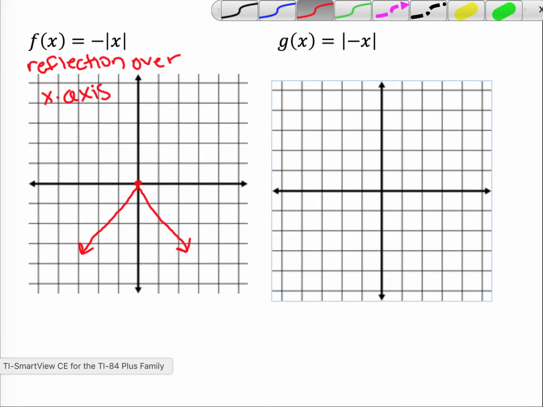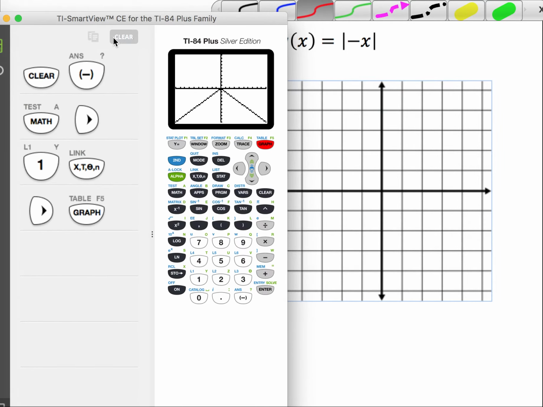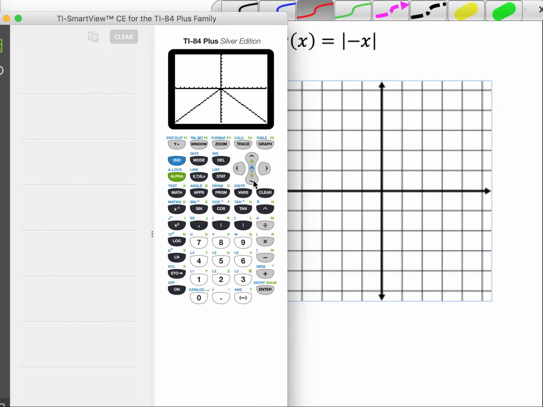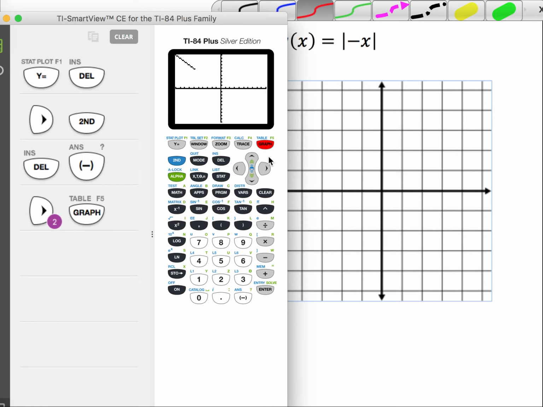And now our last one. I'll just delete this now, and I'll go inside my absolute value. I'm going to insert a negative there, so I'll hit second, insert, and I'll put a negative in front there, and arrow out. So now I have the negative inside the absolute value, and I hit graph.